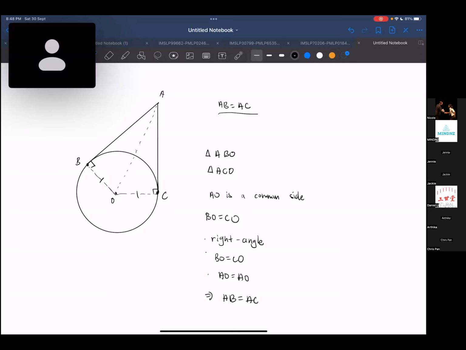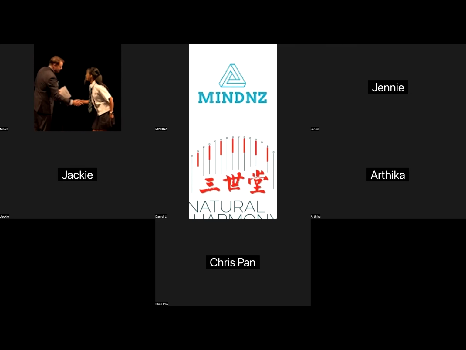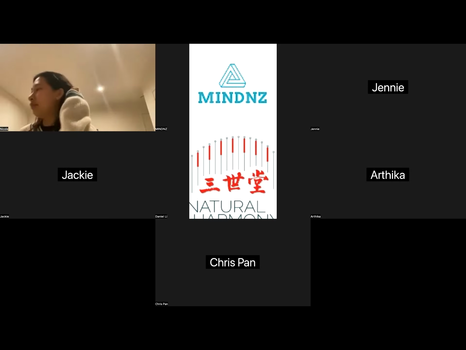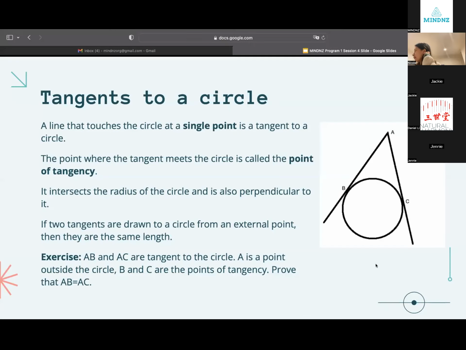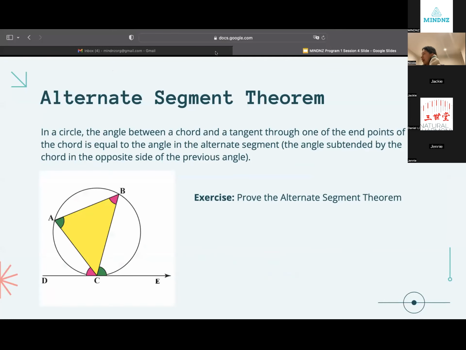Okay. So then we can move on to alternate segment theorem, which I think is fairly interesting. So here we have alternate segment theorem.